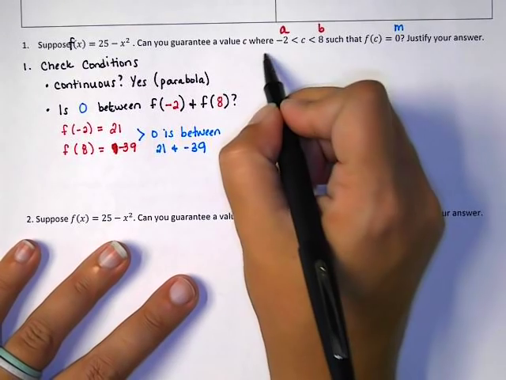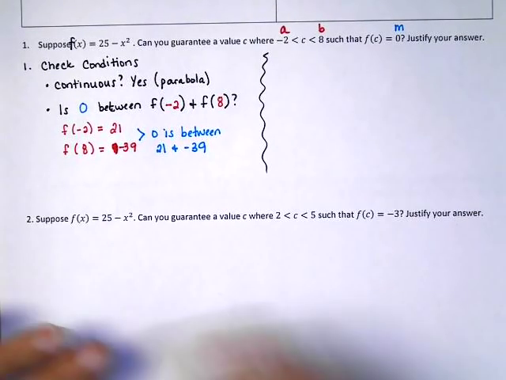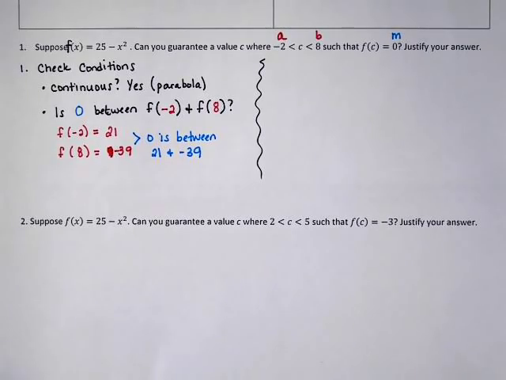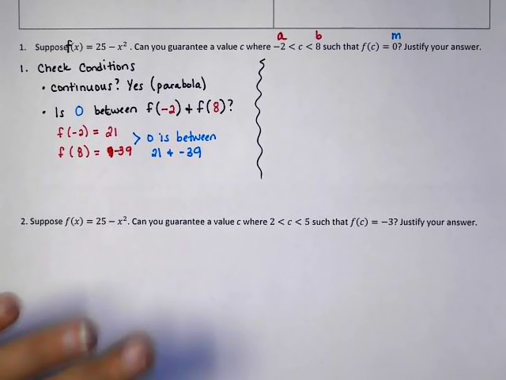So now it's just a matter of writing up my result correctly. Now the language here really matters. You have to say this a certain way because you need to show that you've met the conditions and that you understand the conclusion as a result of those conditions. So here's how we're going to write this up.